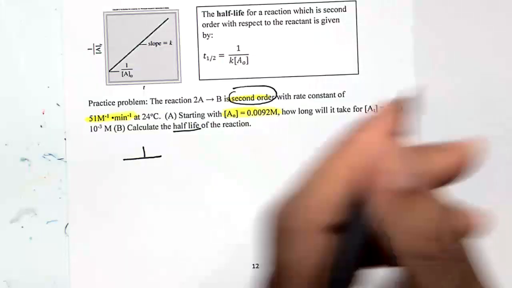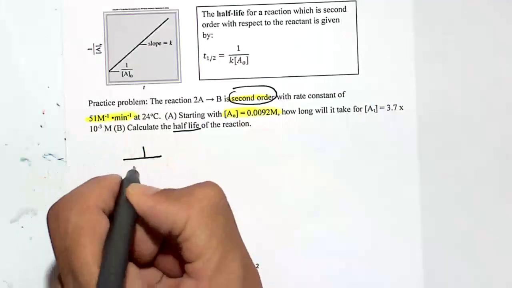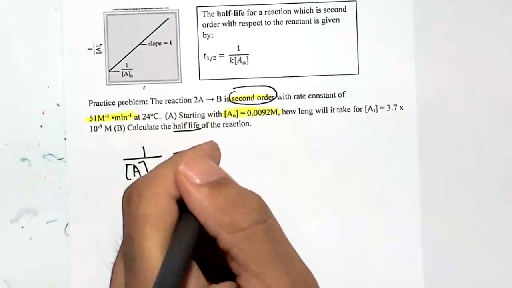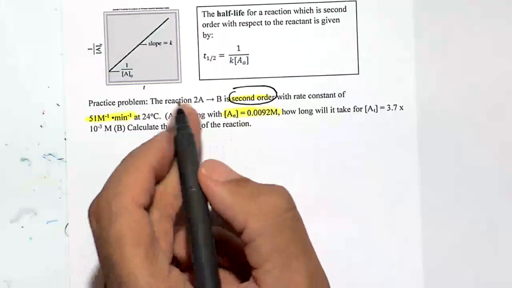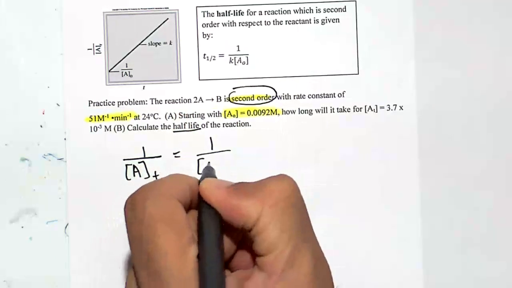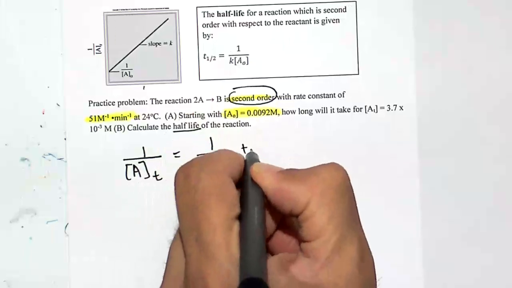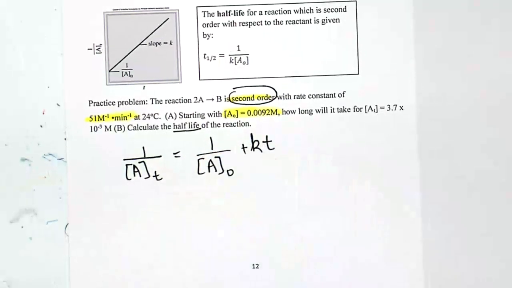Is it 1 over A? There you got it. 1 over A, plus K, yes, correct. This is the equation we'll use to calculate part A. Awesome job.